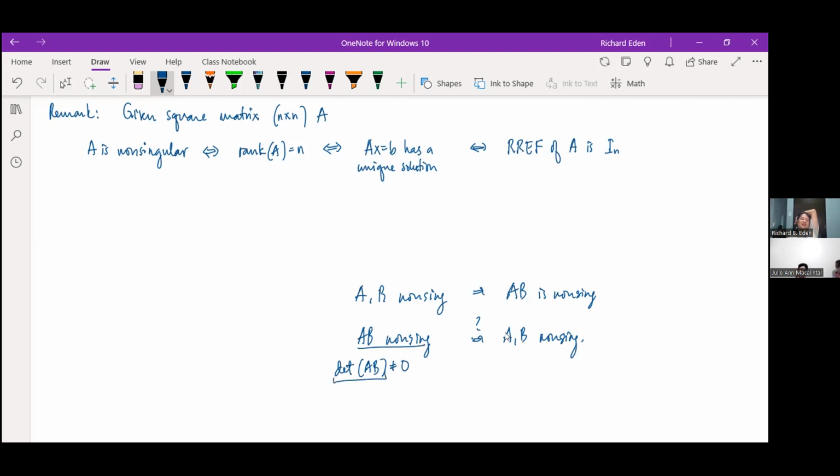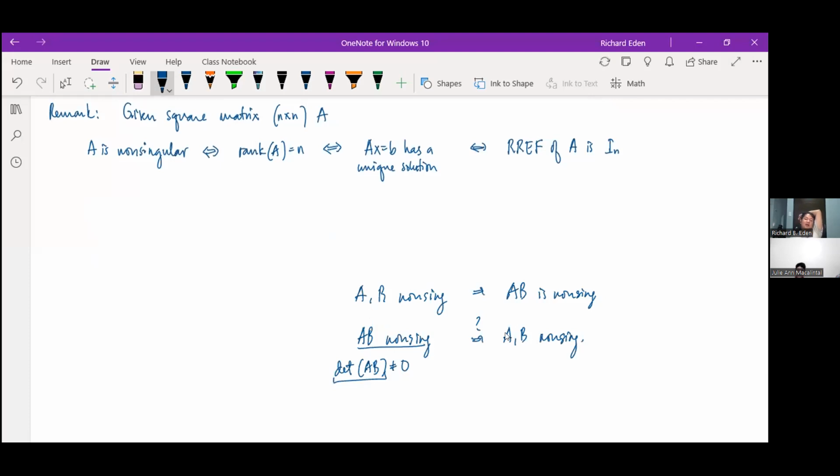But then ano ibig sabihin nito? The determinant of AB, assuming A and B are square, no? Hindi nung like 4 by 7 tapos 7 by 4. Assume natin A and B are both square. They cannot have inverses, yung mga non-square. Oo, oo.